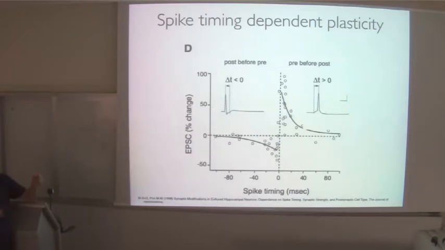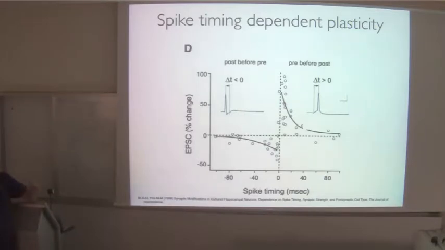If you activated the neuron, let's say 80 milliseconds before you activated the synapse, there's no change in the amplitude, nothing happened. If you activate it 10 milliseconds before you activate the synapse, it decreases by like 25%. It becomes smaller. If you activate it 10 milliseconds after, then the synapse becomes bigger, 50% bigger.